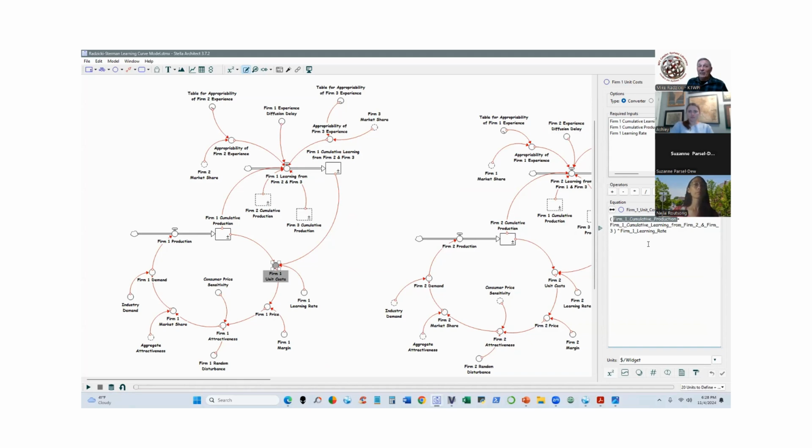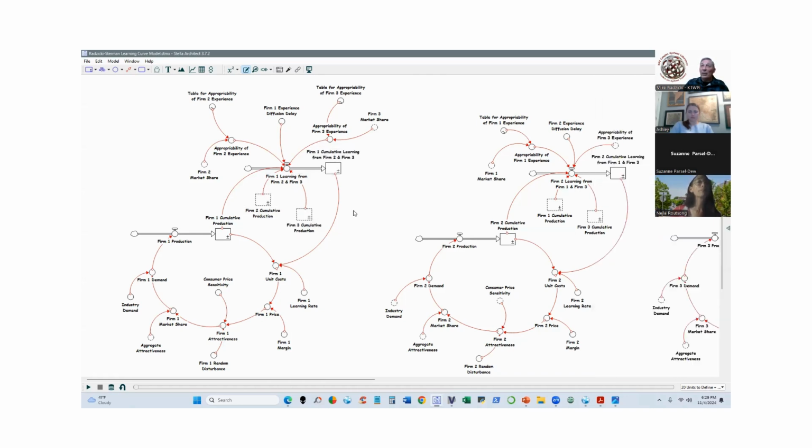Okay, so this is the cumulative learning that firm one can tap from their two competitors. We're not saying how they would tap it: reverse engineering, hiring, corporate espionage, you hack their computers and look at their blueprints, whatever. We were silent on how they would go about acquiring that information.